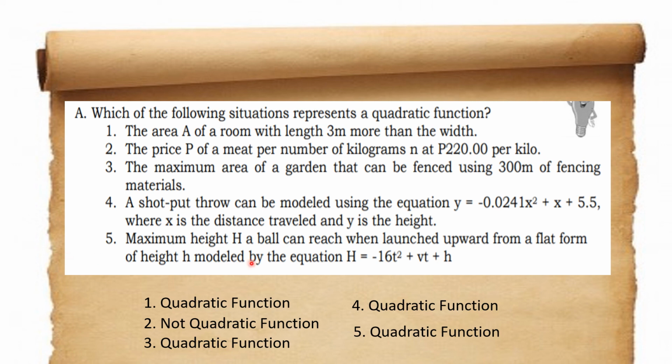Bakit? Ayun, no, second degree, kitang-kita na. And this h represents your y. Y and your x is represented by t. Okay? So, x and y can be replaced by any letter. As long as you have the second degree, magre-represent na yan ng quadratic function.